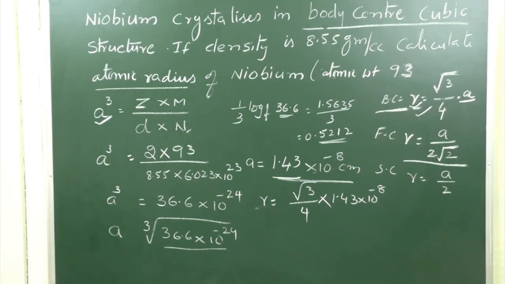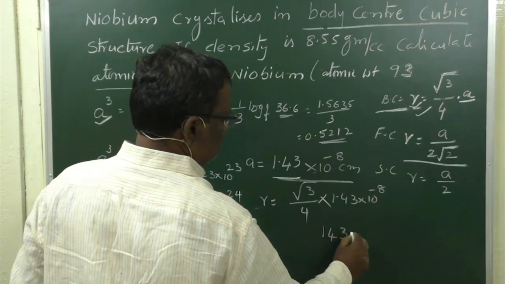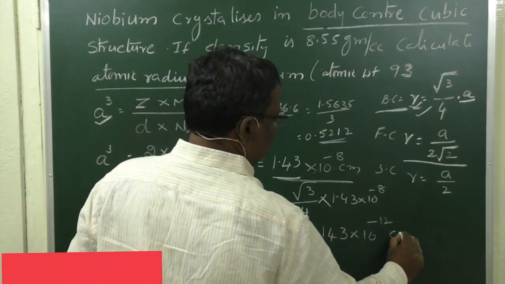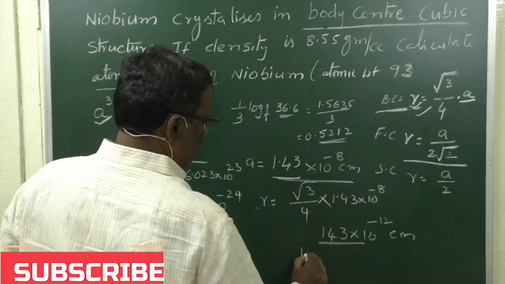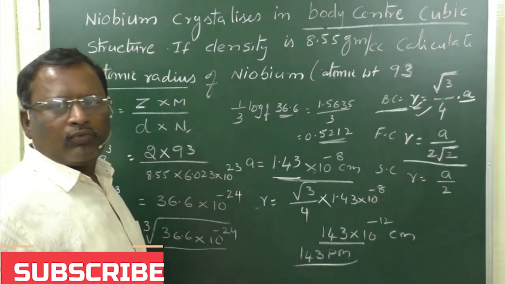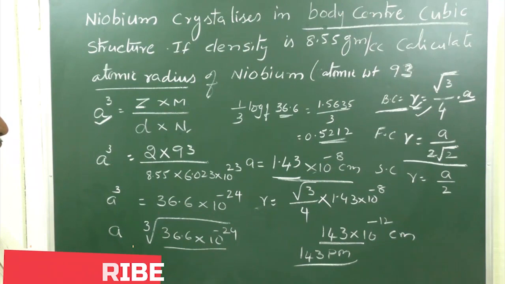On simplifying this, you will get 143 into 10 to the power minus 12 centimeters, or 143 picometer. That is the radius of an atom.